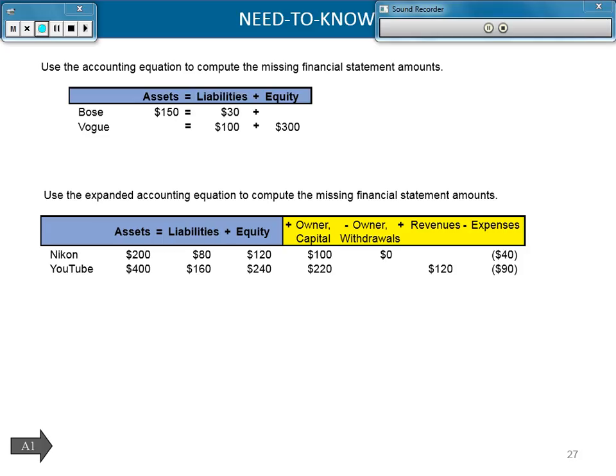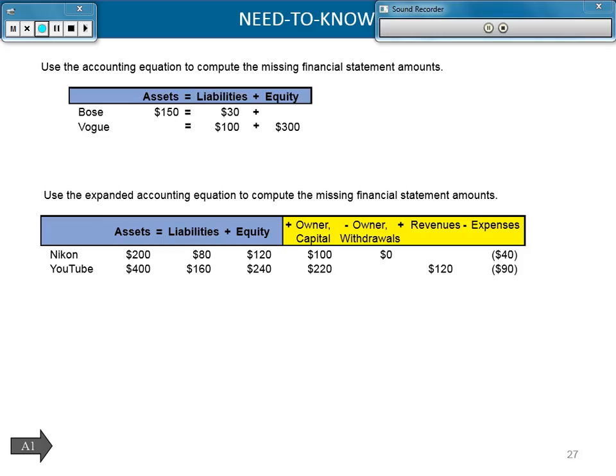I told you revenue minus expenses equals net income, right? So how do we find our revenues here? How about here?